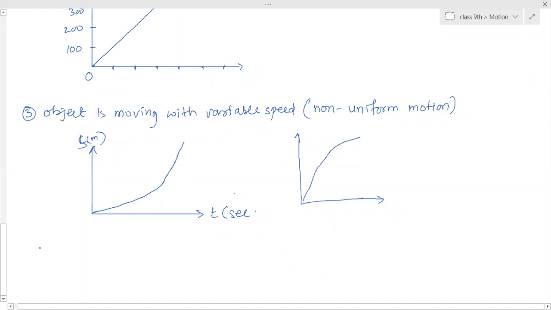It will be curved only. It is always a curve. It cannot be a straight line because the motion is not uniform.